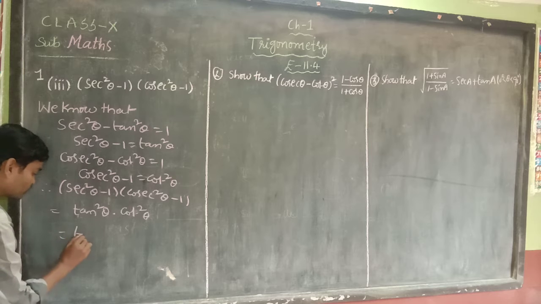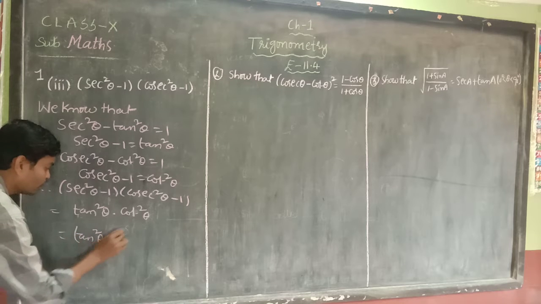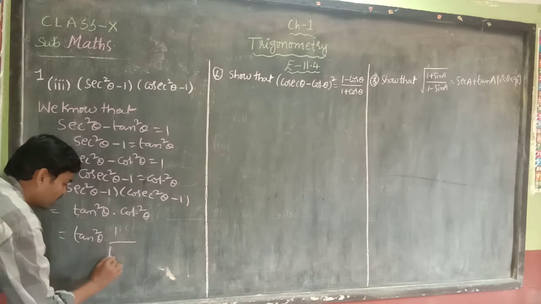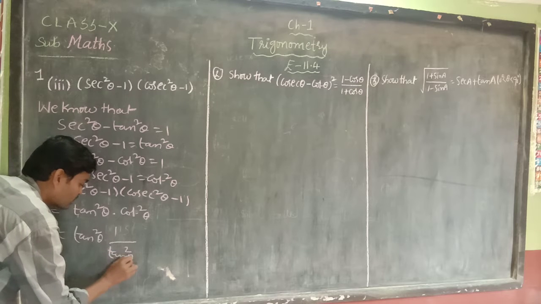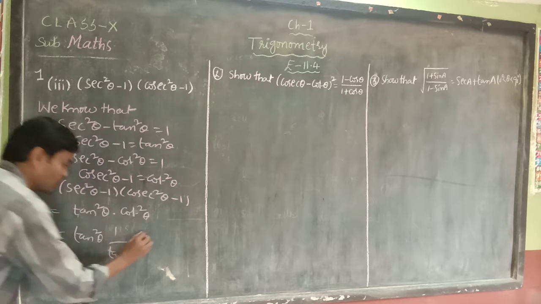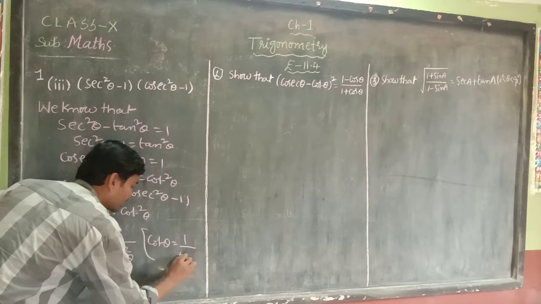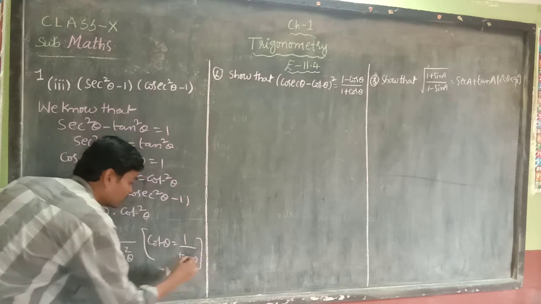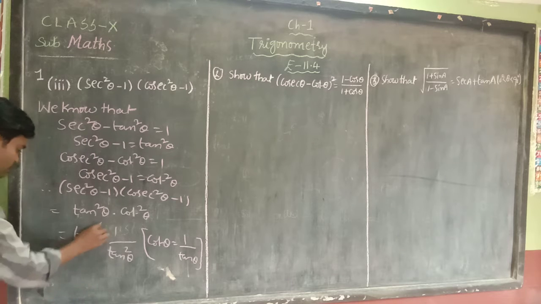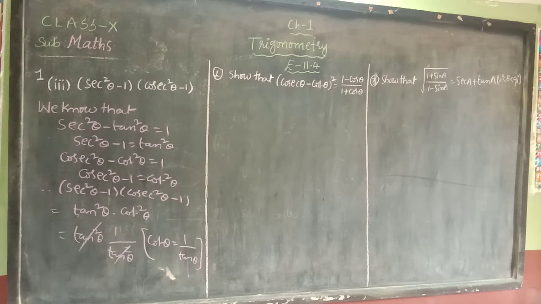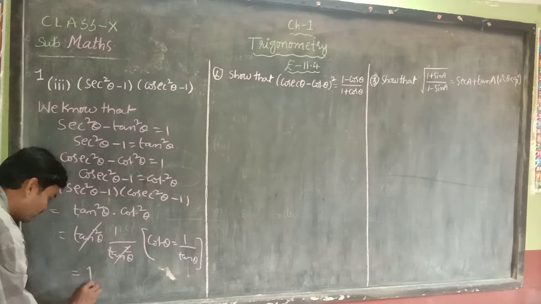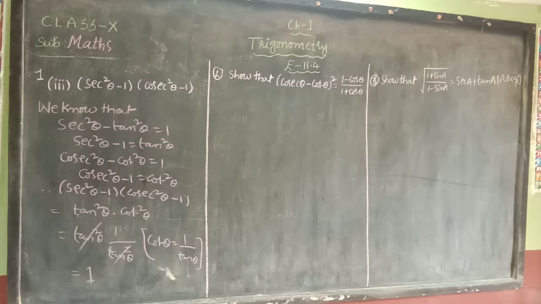Cot square theta we write as 1 by tan square theta, because cot theta is equal to 1 by tan theta. So tan square theta gets cancelled. Finally we got the answer as 1.